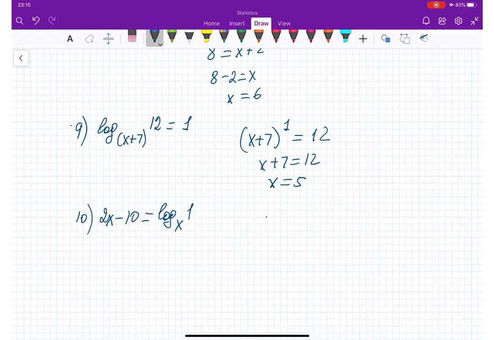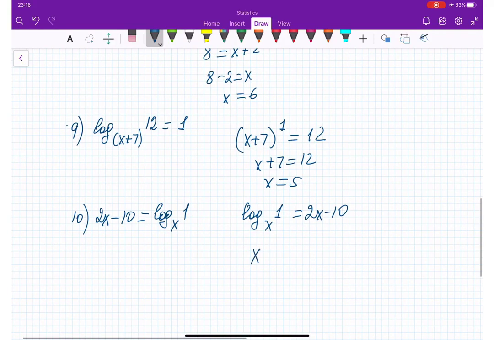Well, no, let me rewrite this to make it easy. Logarithm 1 by base x is equal to 2x minus 10, for readability. That means x to the power 2x minus 10 is equal to 1.